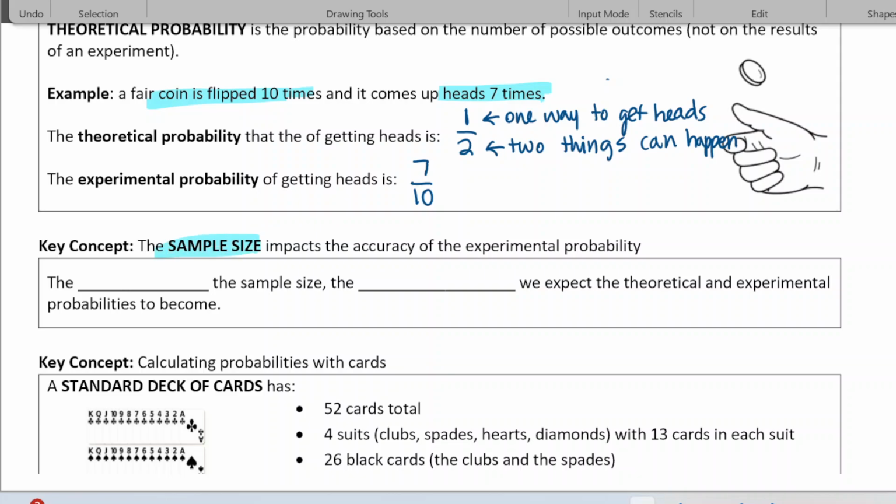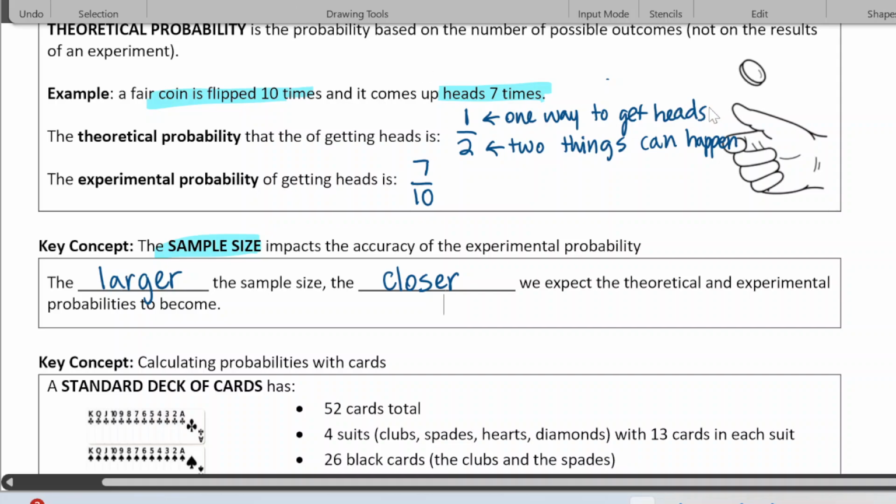So sample size impacts the accuracy. So the bigger the sample size, the more data that we have, the closer we expect the theoretical probability and the experimental probability to match. Okay, so there's less fluctuation due to random chance when we have more data.